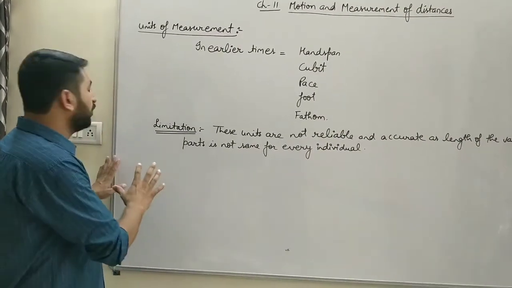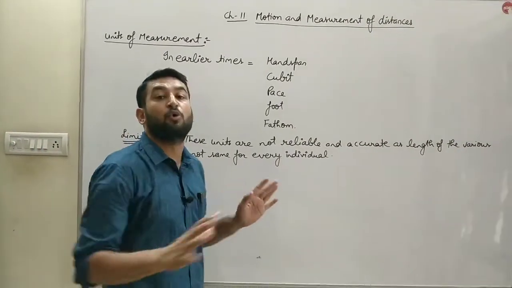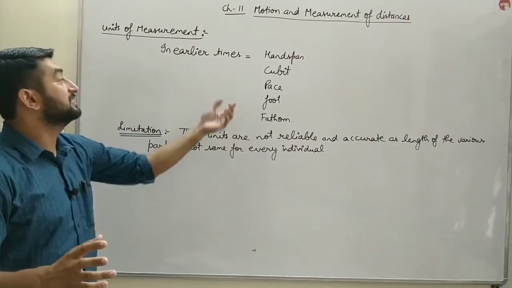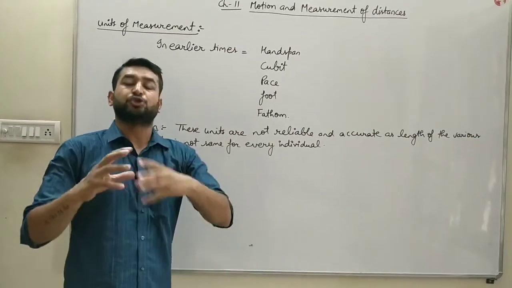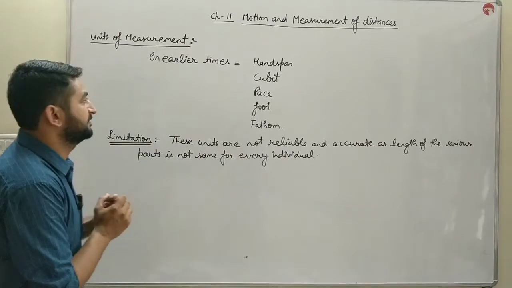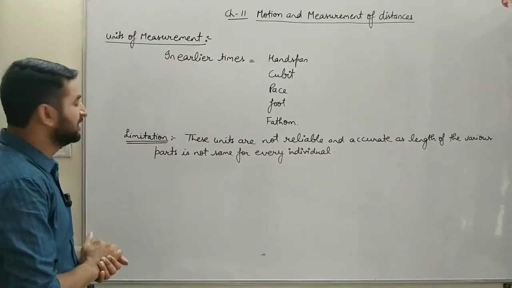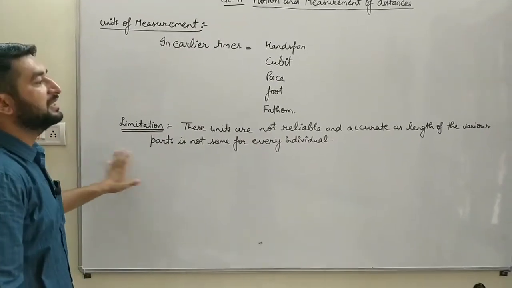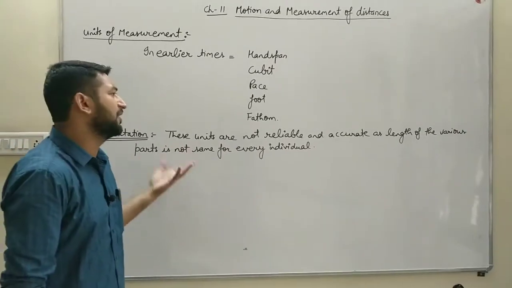Now we will measure the length of this board by these units, or you can say I'll show you how we use those units. First we will use hand span. For example, I want to measure the width of this board.